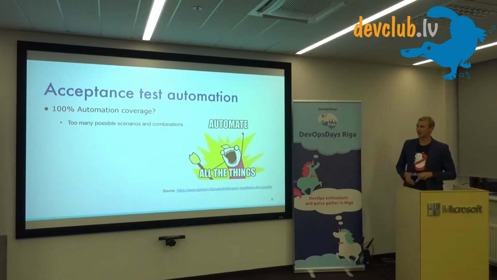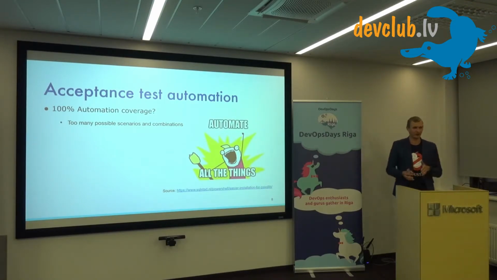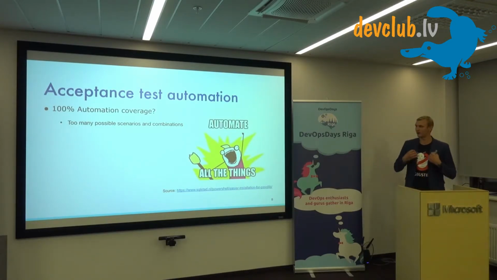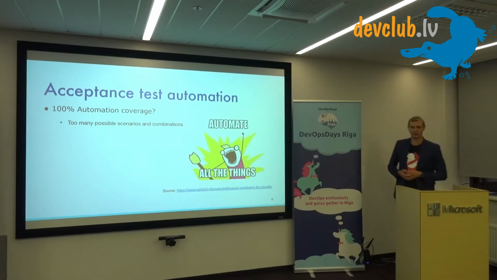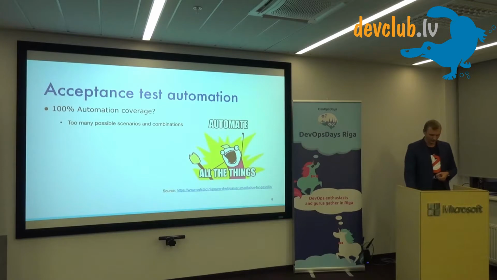There are a lot of scenarios and combinations of them. At first, even for manual tests, we cannot cover all the possible paths and everything we have in our app, so why do we want to try to automate everything?